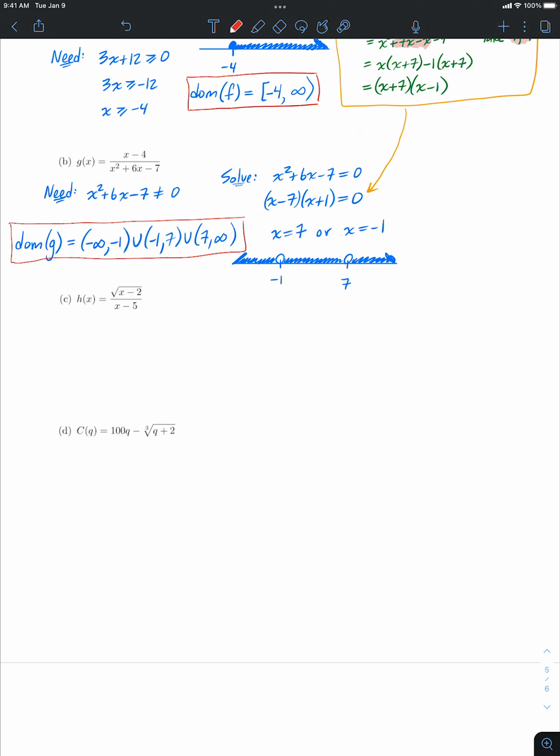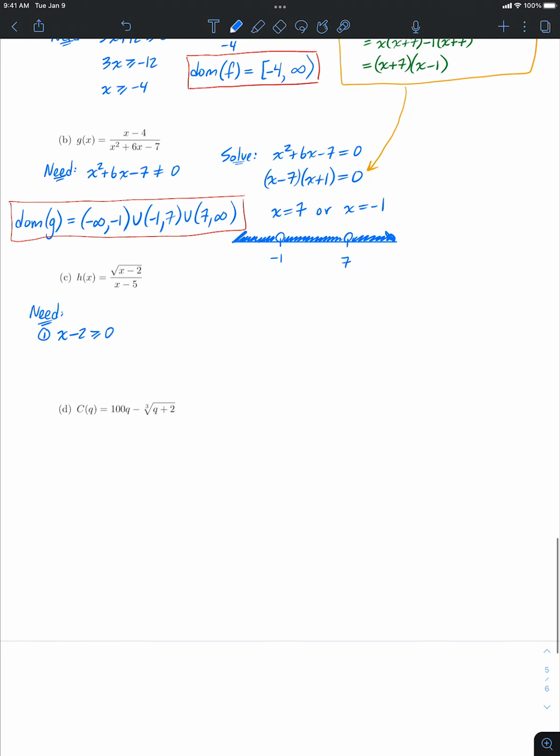So, okay, we'll start by saying what are the restrictions we need to worry about? Well, first of all, we need x minus 2 to be greater than or equal to 0. And I'm going to put a 1 here because there's actually a second restriction, isn't there? What's the second restriction? We've got a fraction. So that means whatever's on the denominator, in this case it's x minus 5, cannot be equal to 0.